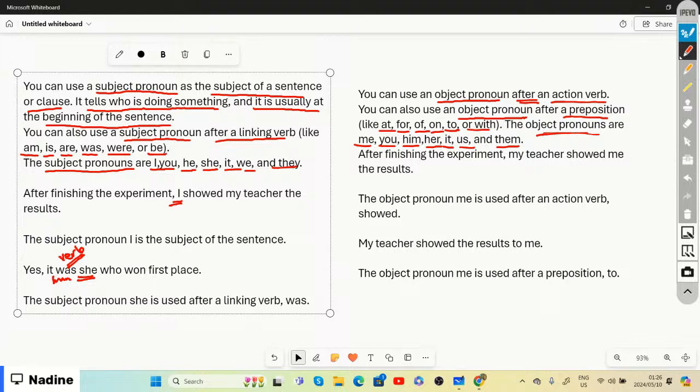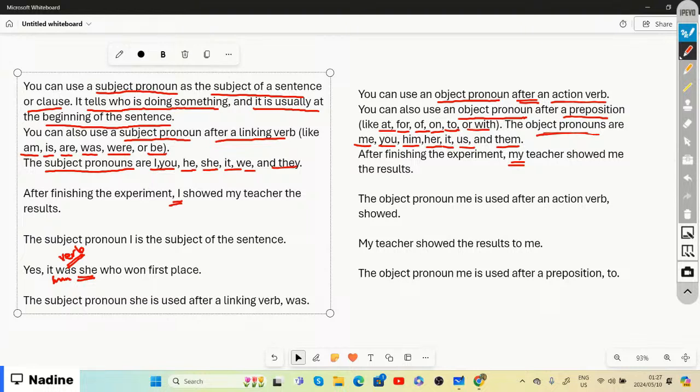And if we look at an example of an object pronoun, then it says, after finishing the experiment, my teacher showed the results, right? So who showed the results? My teacher. With the subject pronoun, I was the one who showed the results. I showed my teacher the results, right? That is a subject pronoun.